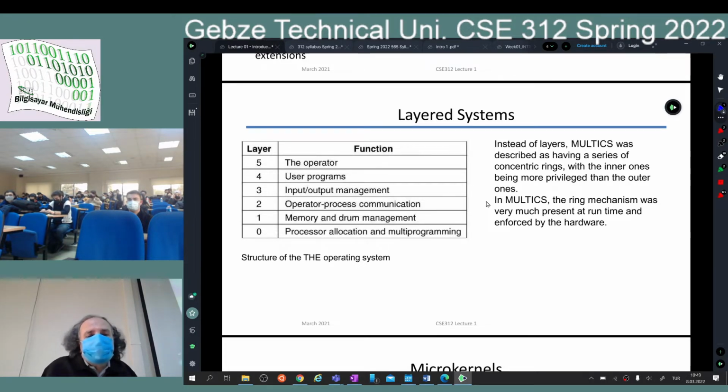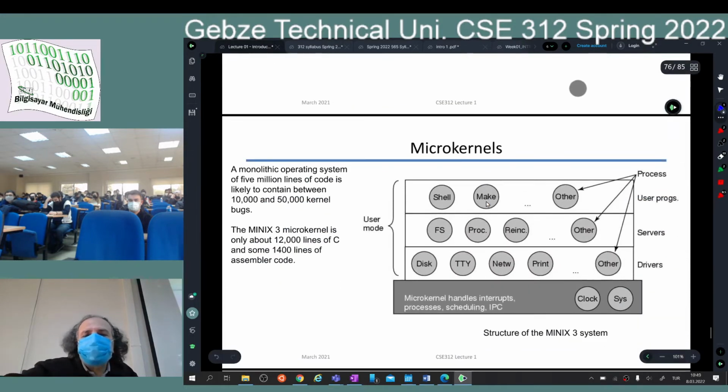Layered systems are like that. Multics doesn't call them layers; it calls them rings. The operating system and the hardware were designed together, and the hardware knows about the rings, and this is all enforced at runtime everywhere.